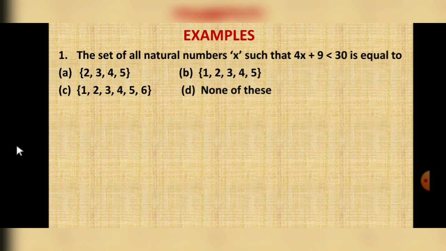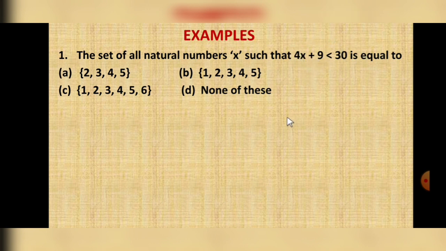So students, in this example, the set of all natural numbers. Natural numbers start with 1, 2, 3, 4 and so on. Your given term is 4x plus 9 is less than 30. Now you have to find out the values of x here.